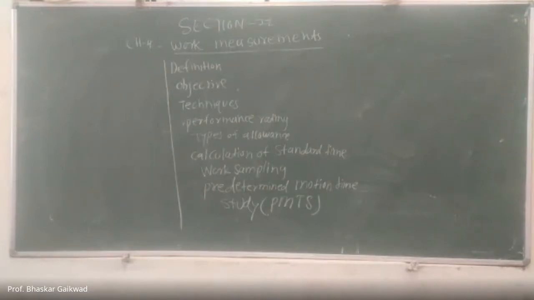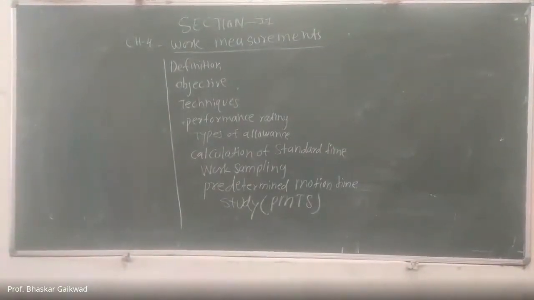Means the performance of a particular worker, if we decide 100%, means the efficiency of the working is 100%, that is called performance rating. 100%, no mistake, no errors. He can work that job at his optimum level.